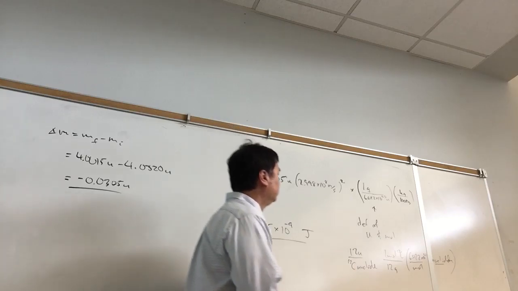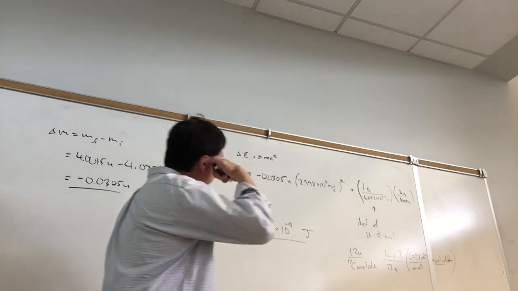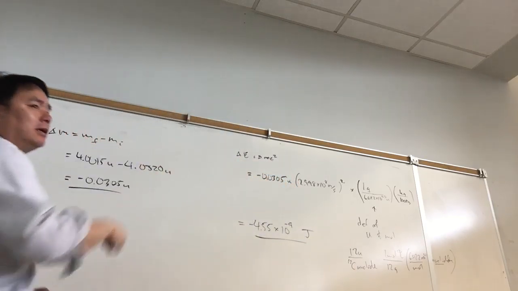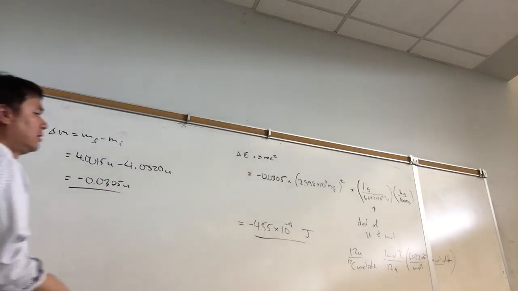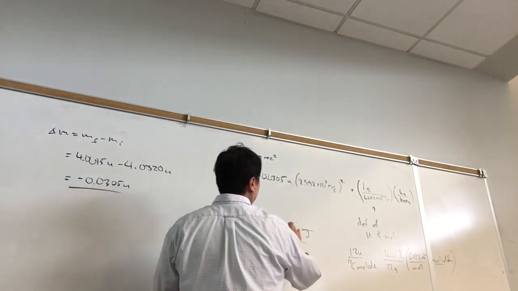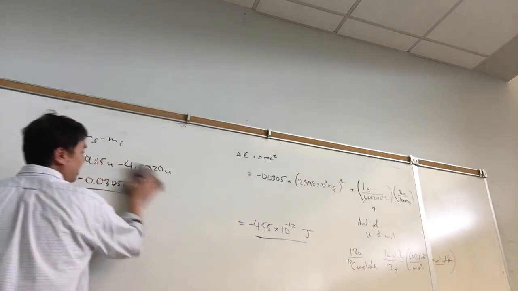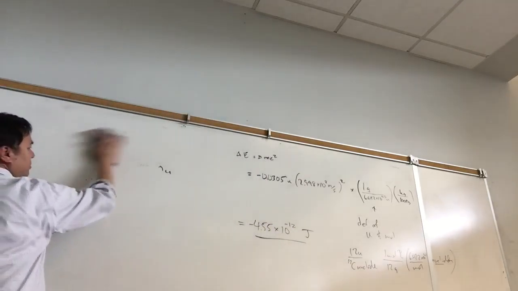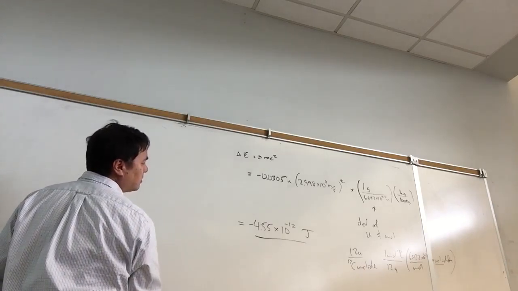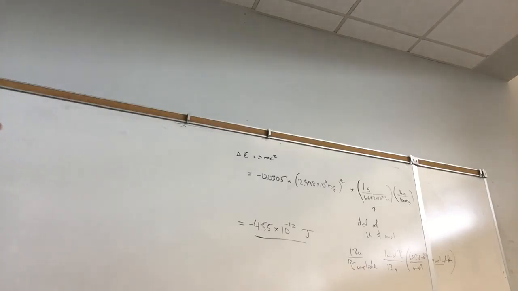How do you get that? Well, hopefully by multiplying that. The negative 12, sorry, times 10 to the negative 12 joules, or 10 to the negative 15 kilojoules. Well, anyway, that's that.